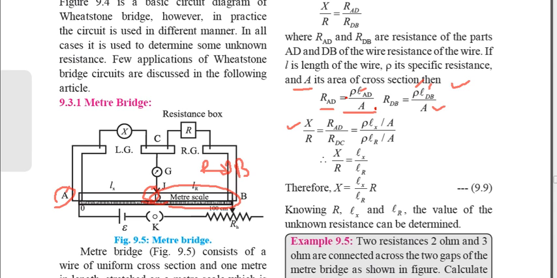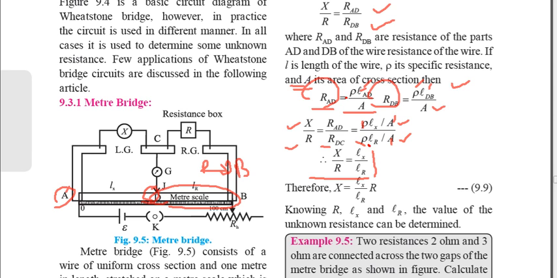Okay, so X by R is equal to RAD divided by RDB. We have to put the values of RAD and RDB in terms of area of cross section and length. RAD is rho Lx divided by A, and RDB is rho Lr divided by A. So X by R is equal to Lx by Lr, because A gets cancelled and rho is cancelled.